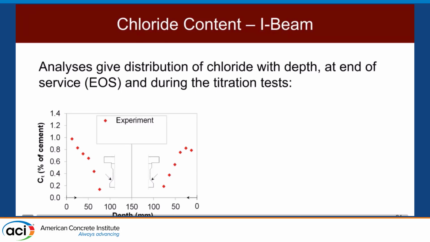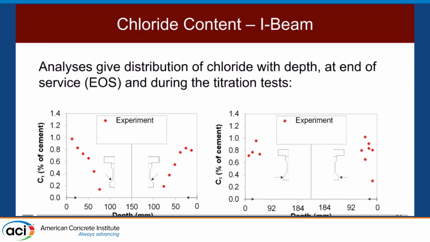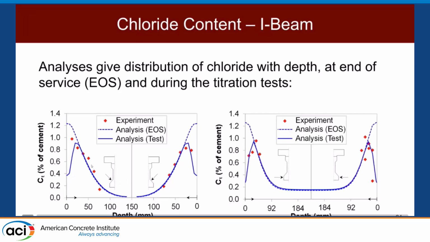So these are our actual measurements for the I-beam at different phases and at different locations, and we have distributions of chloride content with depth, and it can be seen that our analyses were able to quite well reproduce the experimental measurements from the titration test.